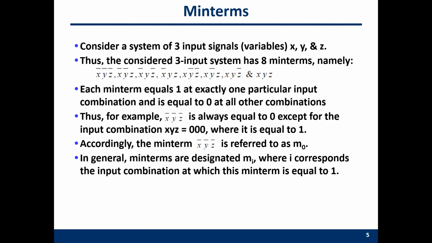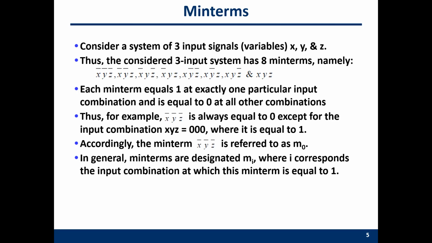For example, x bar y bar z bar is always equal to 0, except for the input combination of x, y, z which are all zeros. So only for this input, x bar y bar z bar will output a 1.